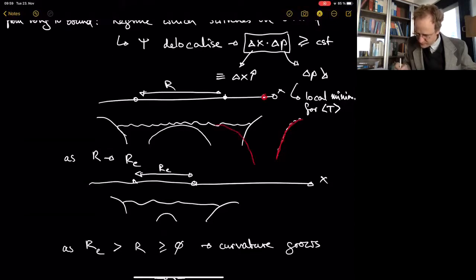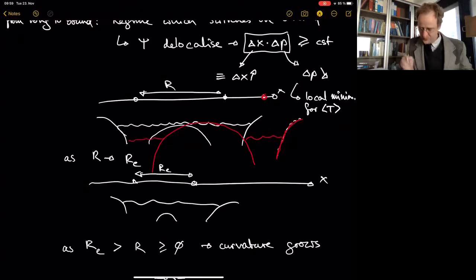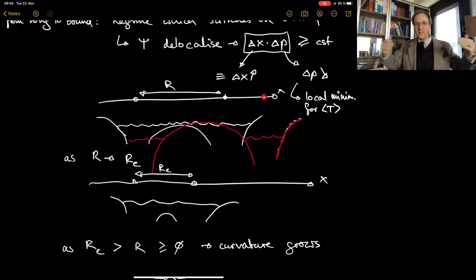So this is the dissociated regime. And so your electrons sit in these two guys, and they don't overlap, they don't see each other, right?